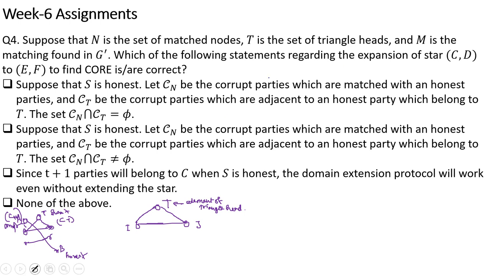So let's say we first assume that there is an element x that belongs to Cn intersection Ct. If such an X exists, what will it look like?